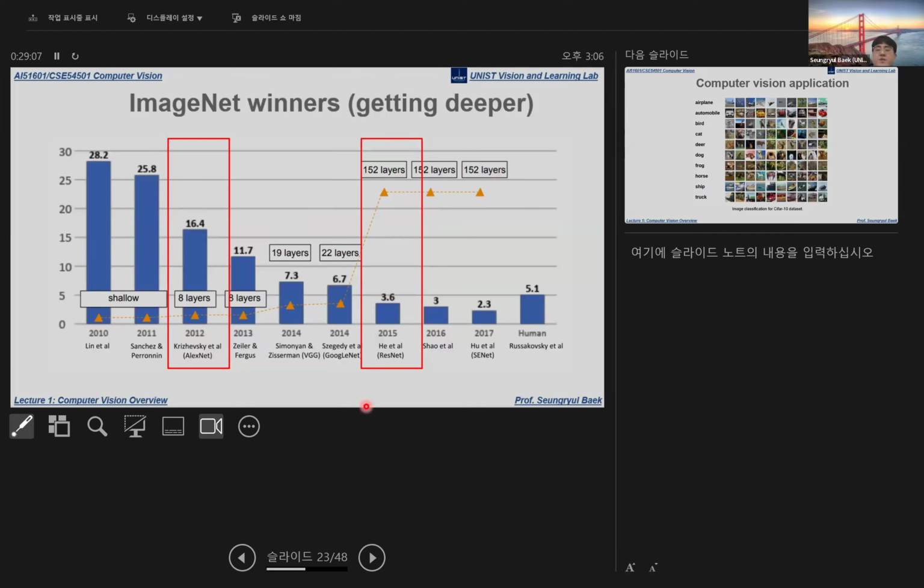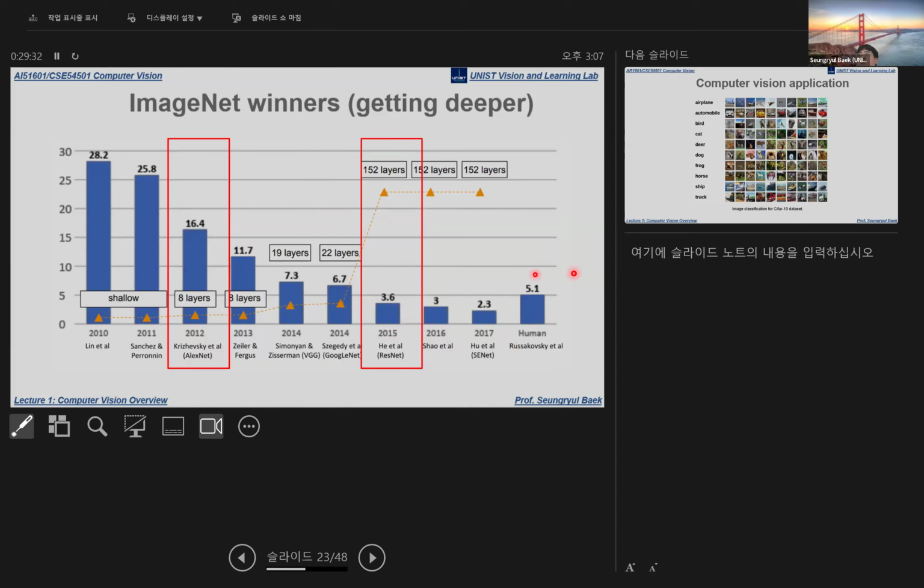And in the year 2015, architectures that stack 152 layers appeared. And you can see their error rate is less than 4%. Actually, in the rightmost column, you can see the human error rate.